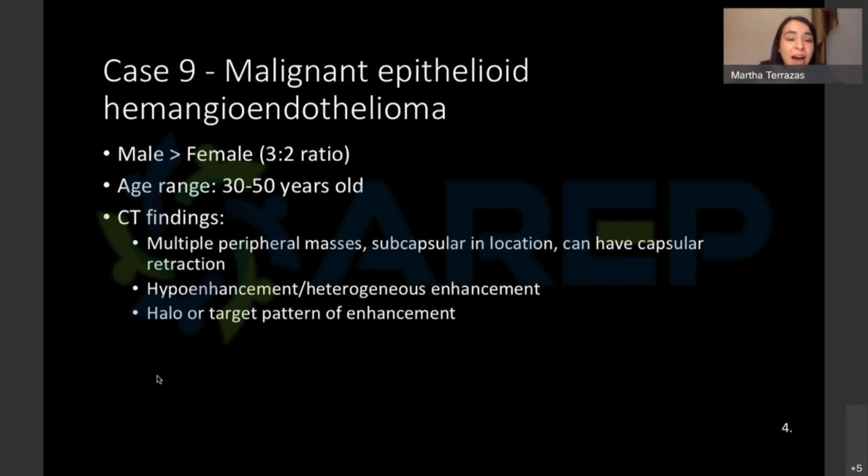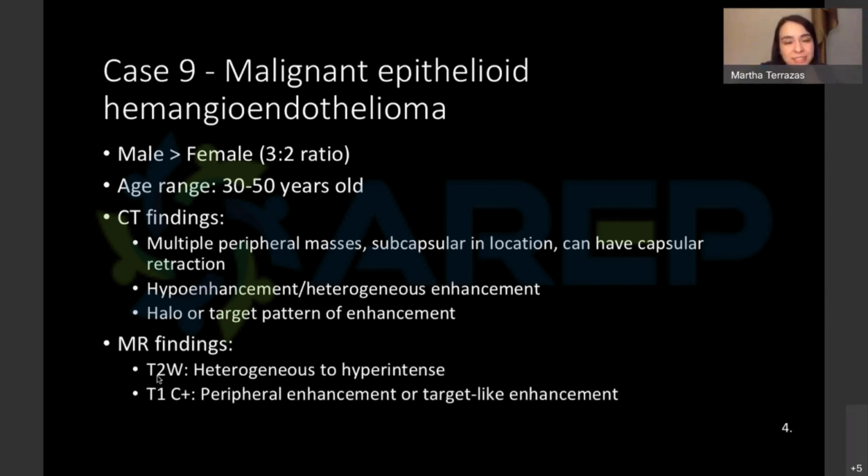And they can have a hypoenhancement to heterogeneous enhancement. And they have this sort of halo or target pattern of enhancement that we saw in this case. On MRI, on our T2 weighted sequence, we see heterogeneous to hyperintense, and on our post-contrast, which we saw in this case, was peripheral enhancement or target-like enhancement.